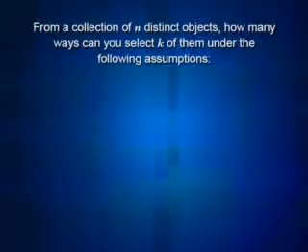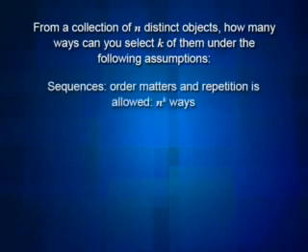Let's summarize. Let's recount what we've learned so far. From a collection of n distinct objects, how many ways can you select k of them under the following assumptions? For sequences, when order matters and repetition is allowed, we came up with the answer of n to the k.